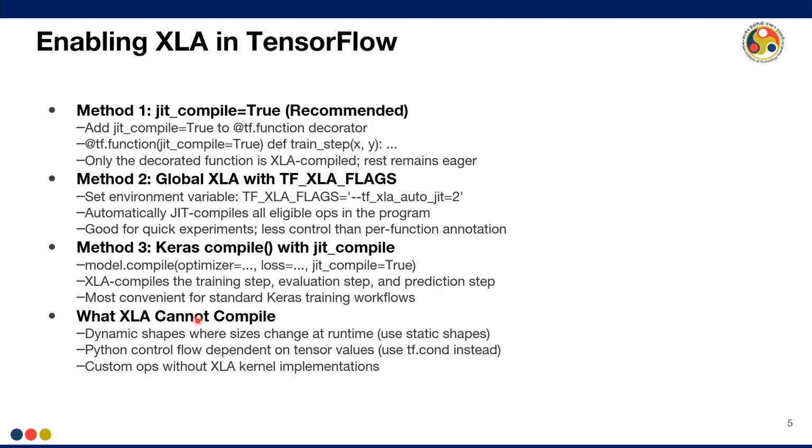What XLA cannot compile: compilation will not happen for dynamic shapes where sizes can change at runtime, because it uses static shapes. Other than that, the optimization will not happen, because if we do not optimize, then invoking XLA is not required. Python control flow dependent on tensor values also will not be compiled, so that's why we use tf.cond instead.